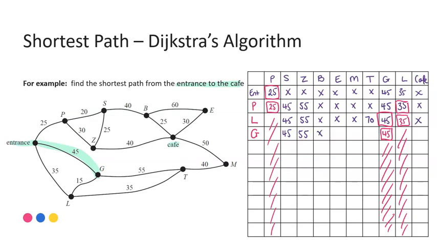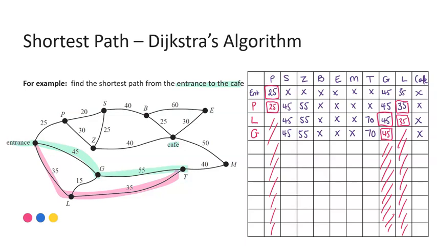No connection to B or E or M. I have a connection of 55 to T, so that would be a total of 100. However, we have a shorter, quicker way of getting there, going via L. So we note down what we already had, which was 70. And finally, no connection from G to the cafe.